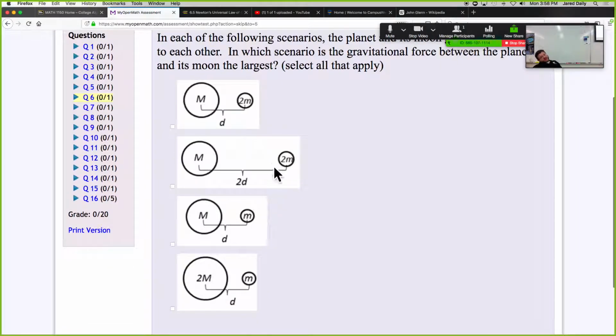There are these 2's in different places. Which one is going to have the biggest number out in front? I'll give you a fair warning: when you put the 2d into the equation, you have to square the 2 and the d in the denominator. If you don't square the 2 and the d, you might get something wrong on this one.